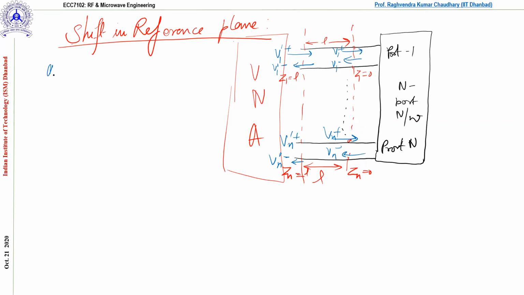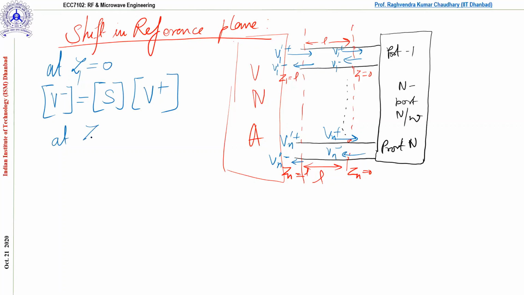Now we can write certain things here from our previous background. At z equals 0, or z1 equals 0, fine, we can write V minus equals S V plus. And at zn equals L n, correct?